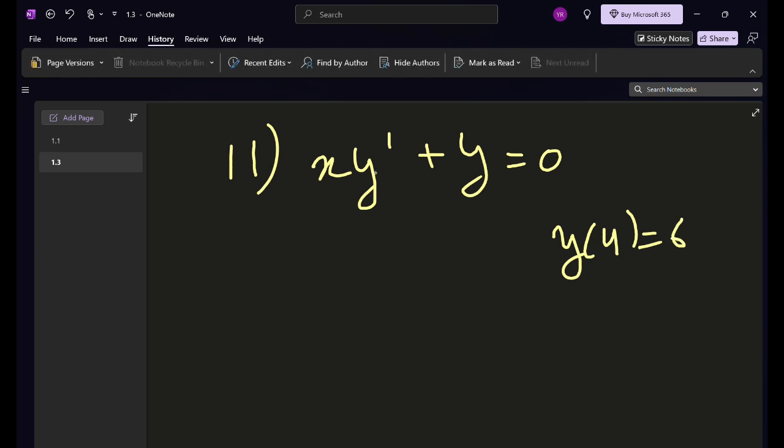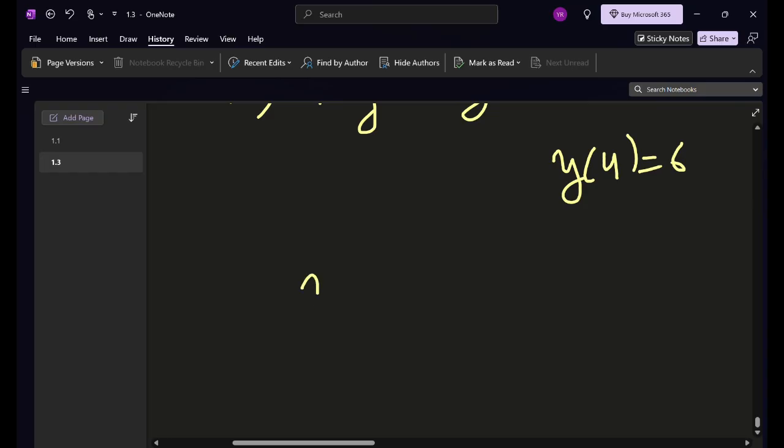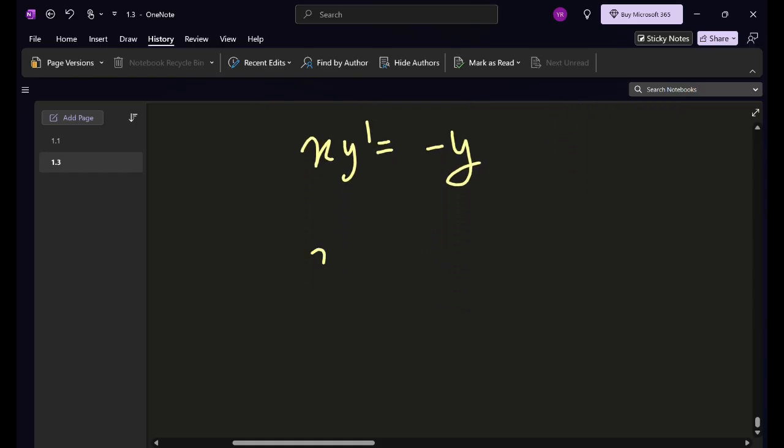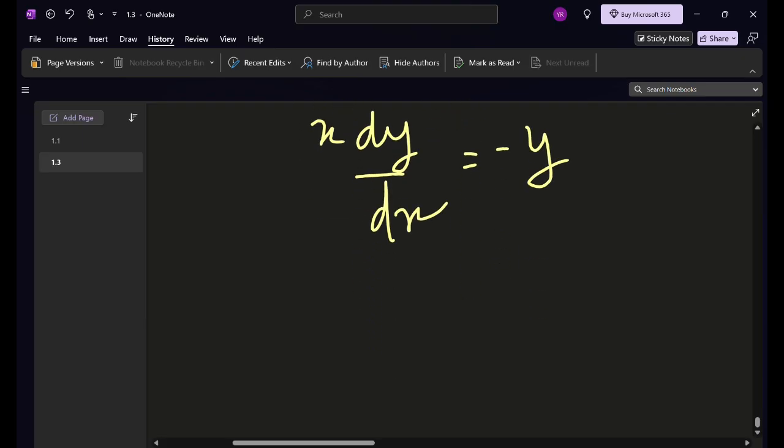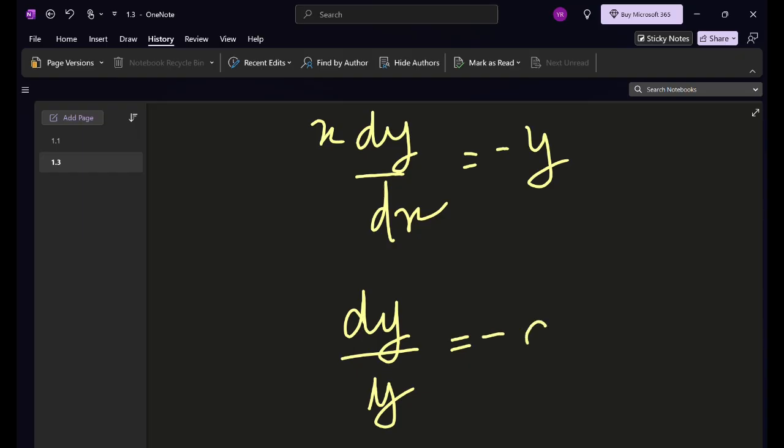So solving this, we get xy dash is equal to minus y, which can be written as x dy by dx is equal to minus y, and then separating the variables, we get dy by y is equal to minus dx by x.